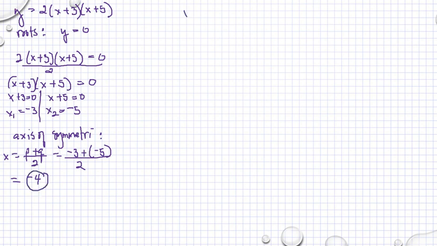And our vertex, we have y is equal to 2 times, our x here is negative 4. Negative 4 plus 3, and then negative 4 plus 5.